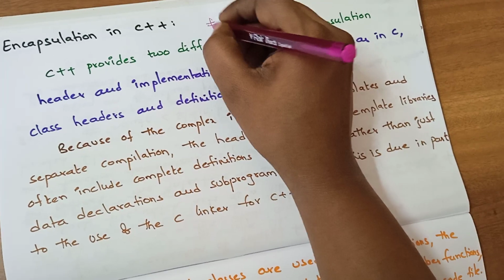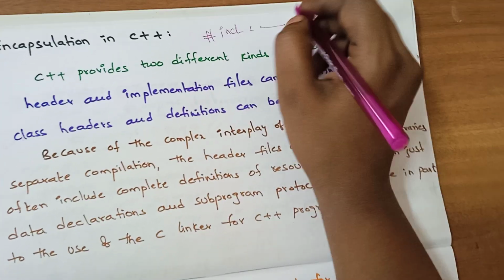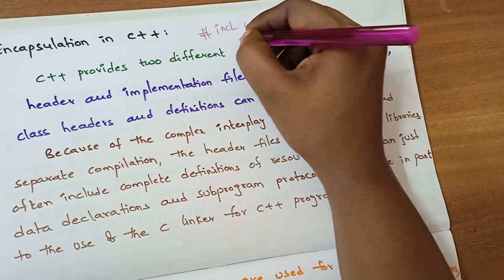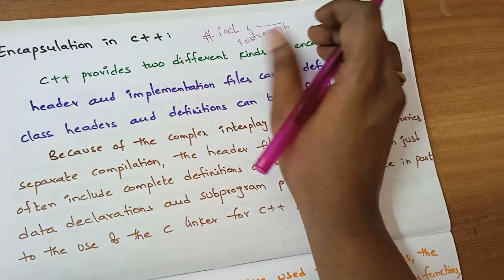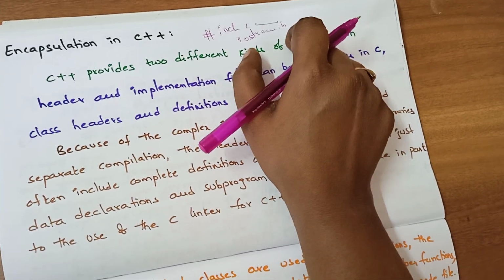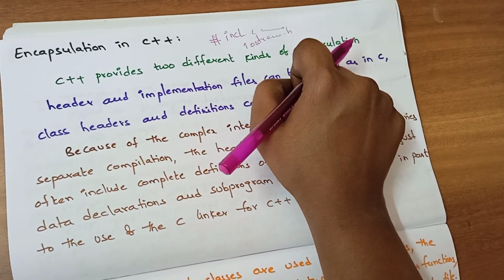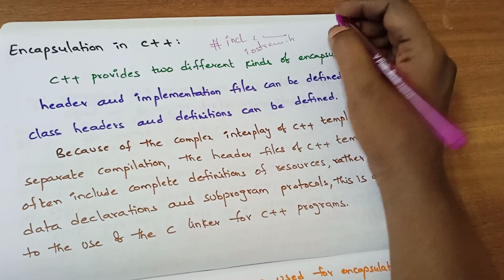Say the header file in C is hash include stdio.h. As far as C++ is concerned, the header file is iostream.h. So in encapsulation we will have different classes, different implementation parts, different specification parts, right? So I'll give a general example.